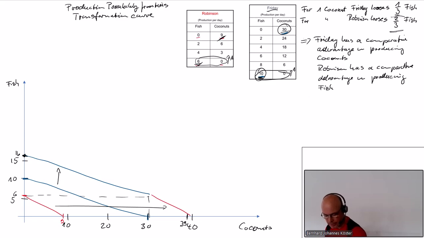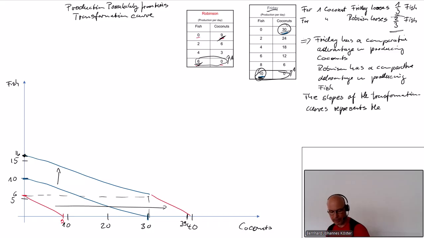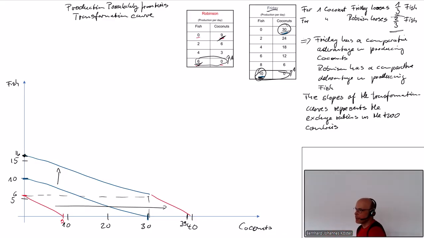And the slopes of the transformation curves represent the exchange ratios in the two countries.